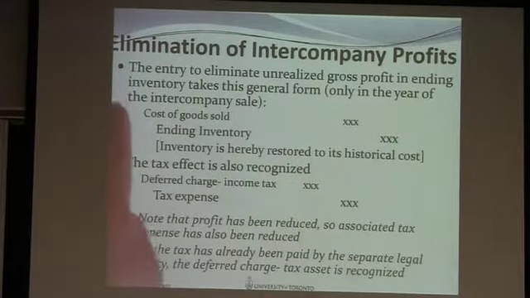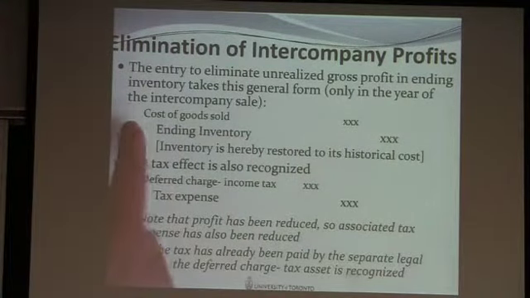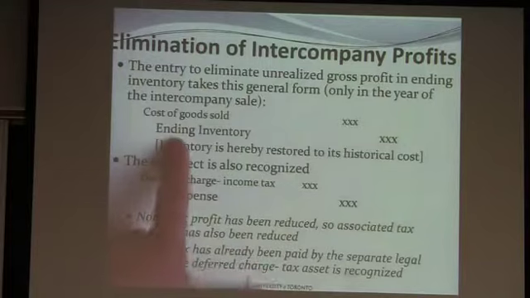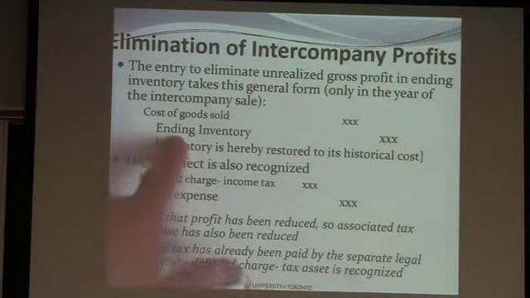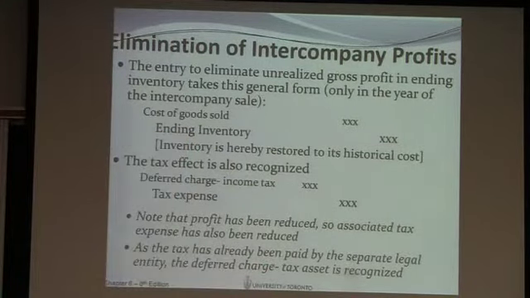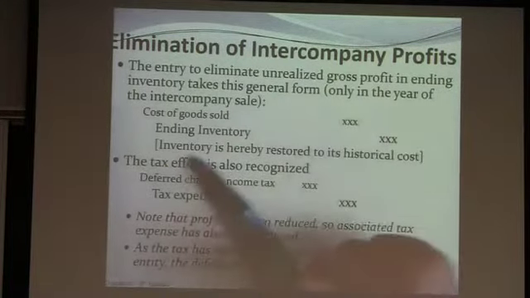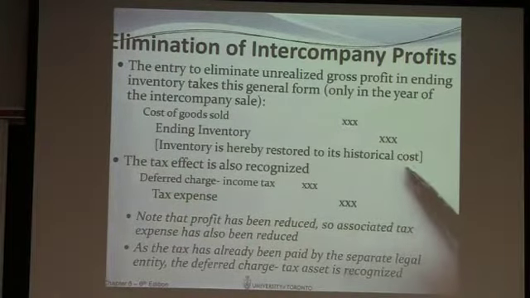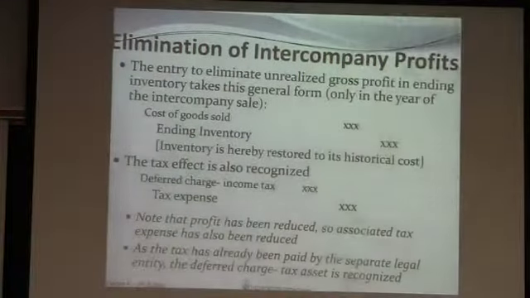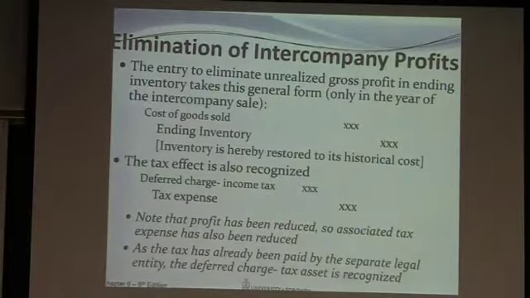And the elimination takes in the general form in the year of the sale. So in 2005, the ending inventory of P would have been overstated by the gross profit. So that's why we are crediting ending inventory. So we're going to basically restore it to historical cost. And the other side of the entry is we're going to debit cost of goods sold.